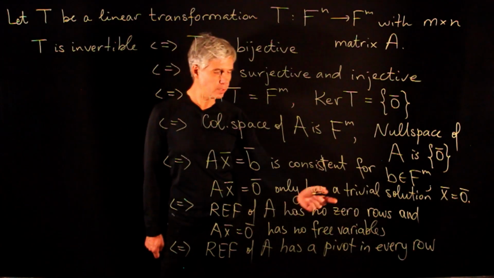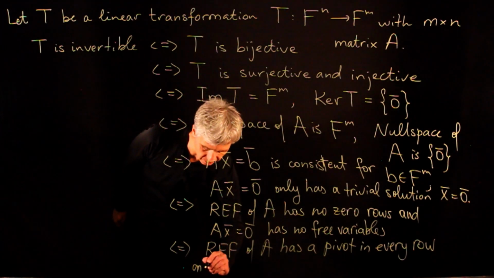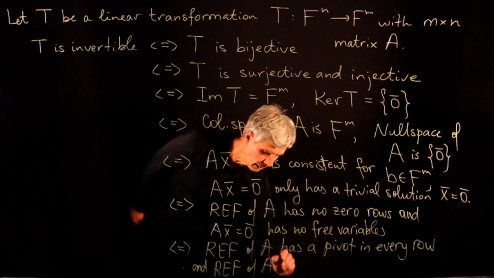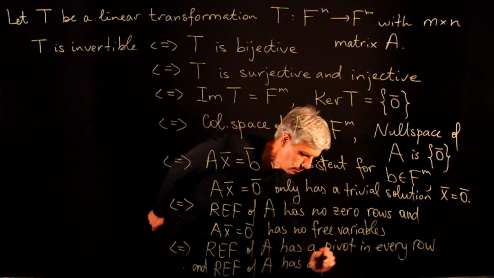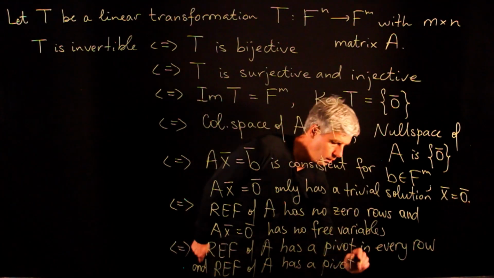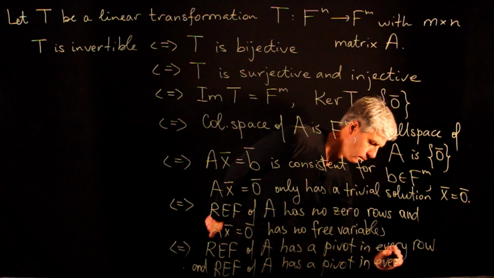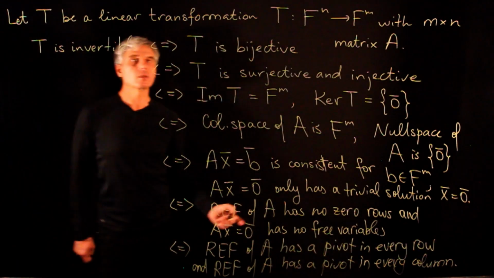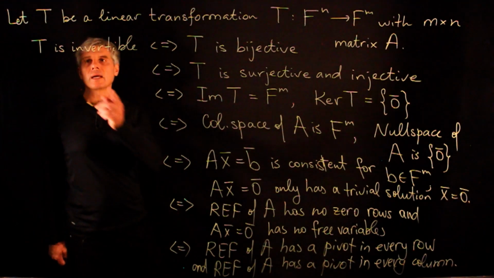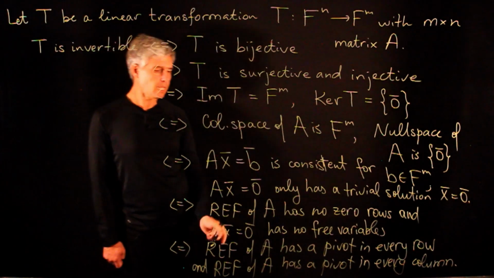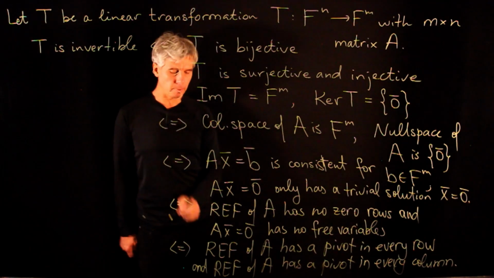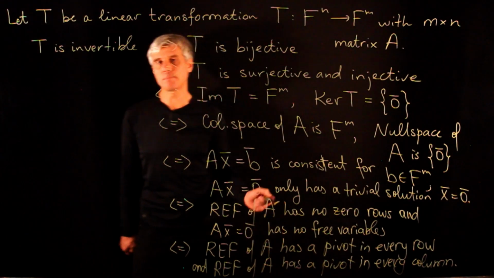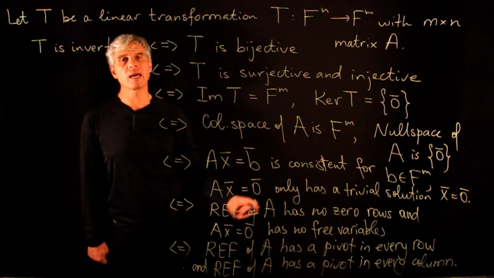So if we have no free variables, this means that row echelon form of A has a pivot in every column. And we get our conclusion: a linear transformation T with matrix A is invertible if and only if row echelon form of A has a pivot in every row and in every column.